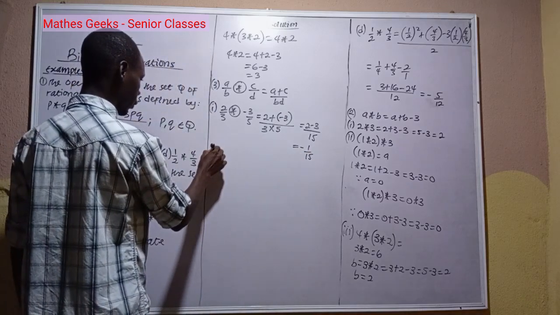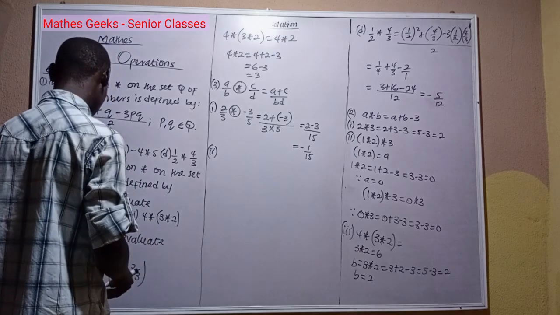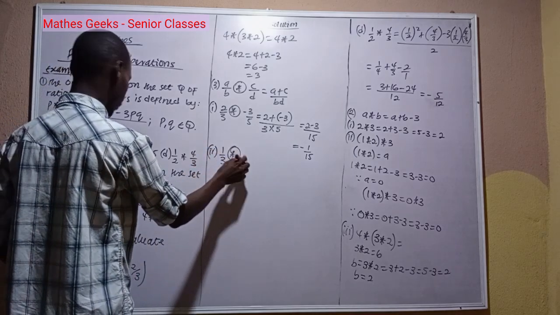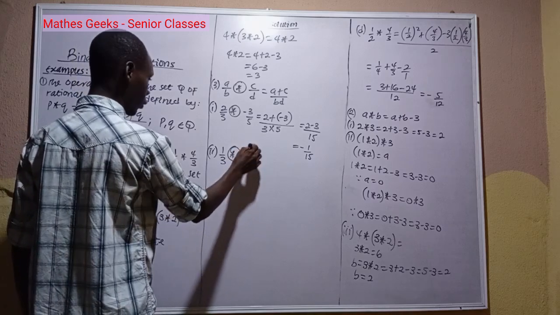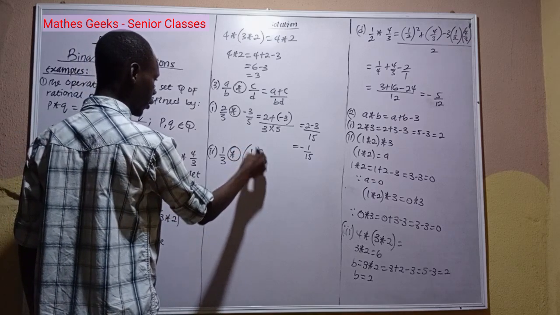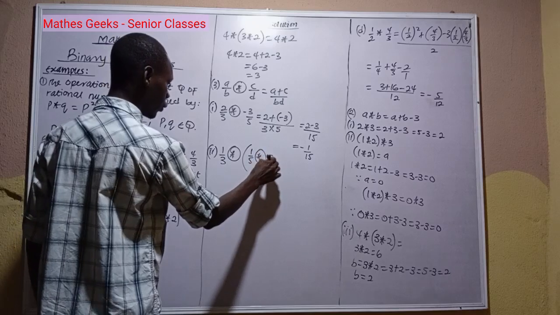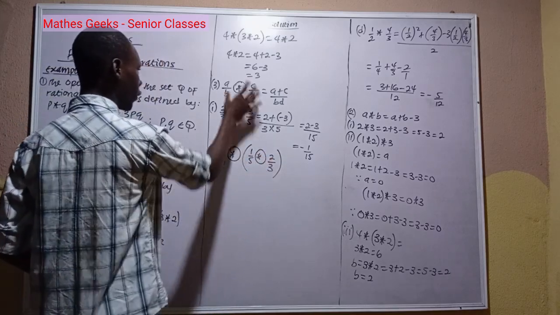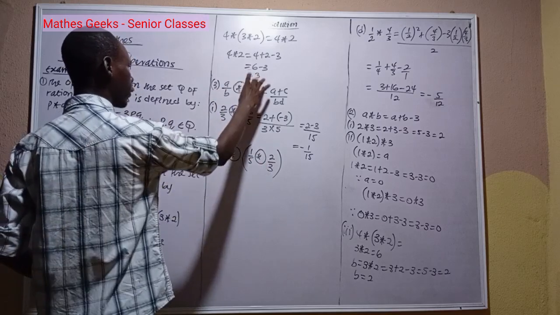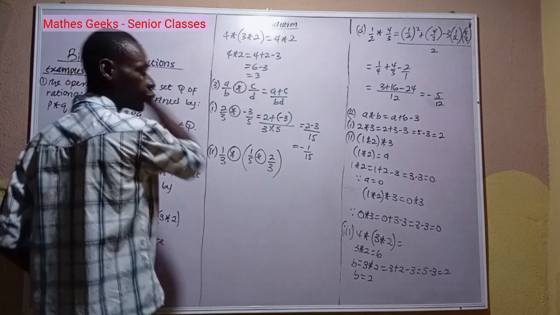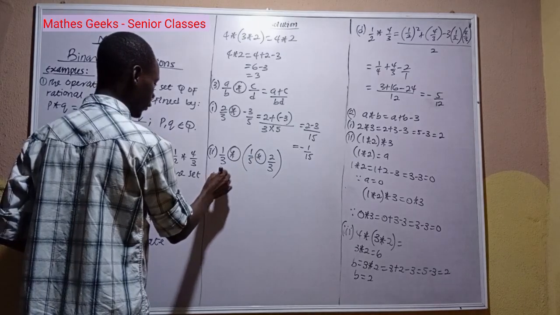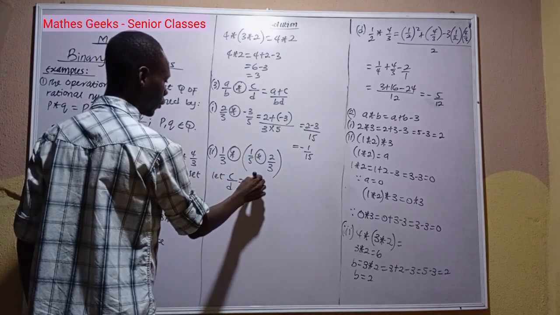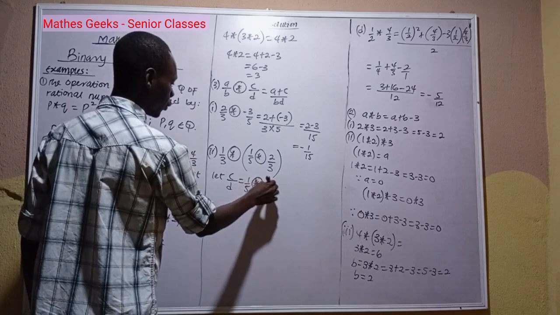Number figure 2. Let's look for 1 over 3 operation 1 over 5 operation 2 over 3. So for us to solve this bracket here, from our general operation rule, let C over D equal 1 over 5 operation 2 over 3.